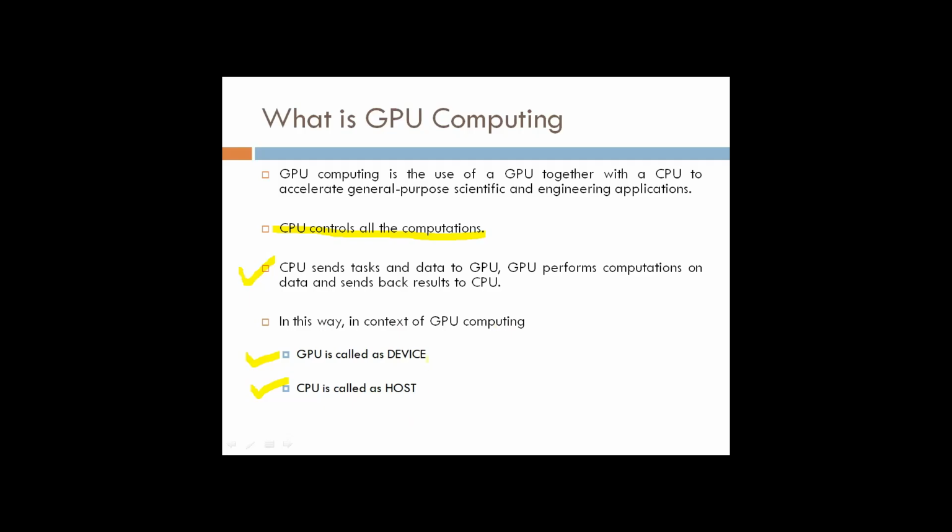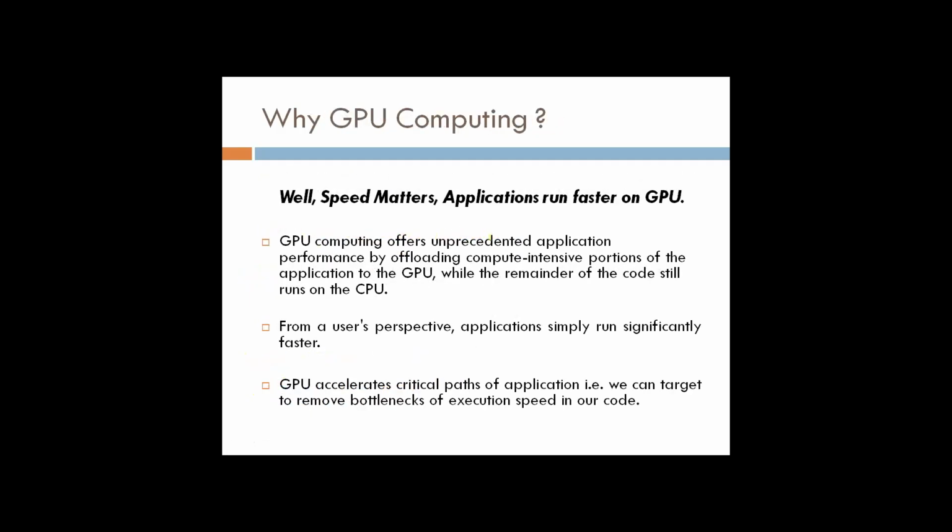This is one important thing we have. We are in the beginning of GPU computing. We must understand that the GPU is called the device and the CPU is called the host. Now, of course, all of you are aware why you have opted for this course: you need GPU computing because we can make our code parallel.